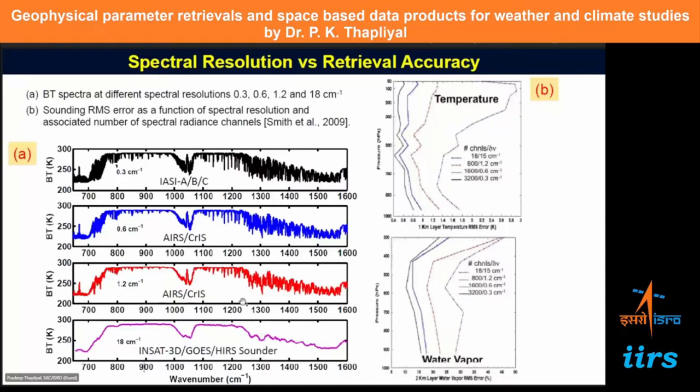But if you improve the spectral resolution of your instrument, and you go to IASI, MetOp IASI, where spectral resolution is 0.3 centimeter inverse, then your accuracy of temperature profile will be about 0.5 K throughout the atmosphere. And for water vapor, your accuracy will be 10 to 15%. So there is a very big improvement when you go from a multispectral sounder like INSAT-3DR to a hyperspectral sounder, and your accuracy will be very good. That will be very useful for numerical weather prediction models.